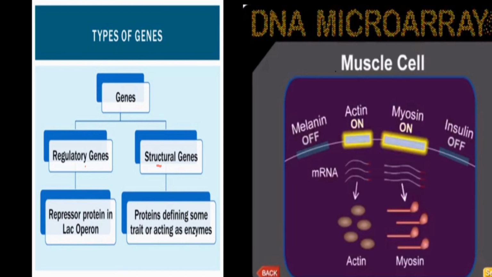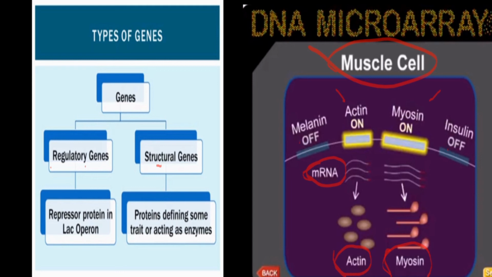This is the example of muscle cells. In our muscles there is a gene for actin synthesis and myosin synthesis. They send messenger RNA, and the final result is the formation of proteins, that is actin and myosin. But our muscles also contain melanin and insulin genes, yet our muscles are not able to synthesize insulin or melanin.